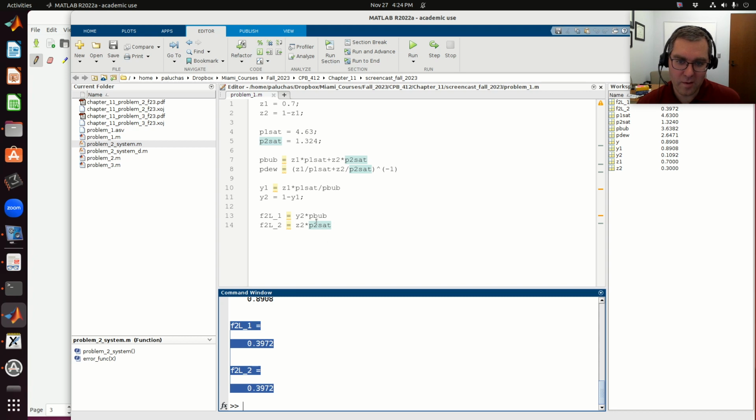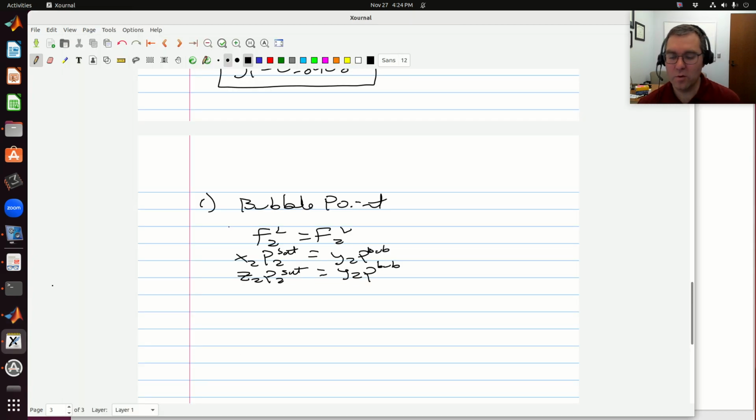Both methods are consistent and give me the same value of 0.3972. So I end up with the fugacity of component 2 in the liquid equal to 0.3972, and that is in units of bar.